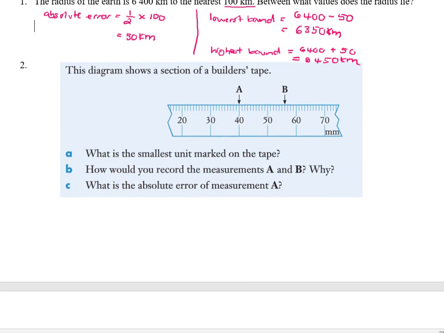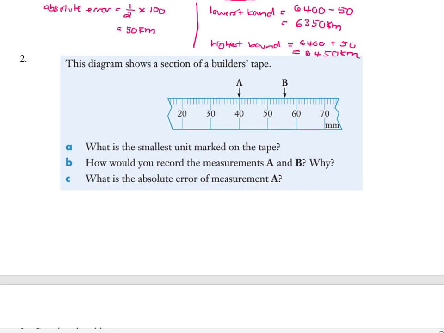Let's have a look at example number 2. The diagram shows a section of builder's tape and asks, what is the smallest unit marked on the tape? We can see this has been divided up into millimetres, so the smallest unit is 1 millimetre. How would you record measurements A and B? A is 40 millimetres and B is 56 millimetres, because the measurement on this tape is to the nearest millimetre.